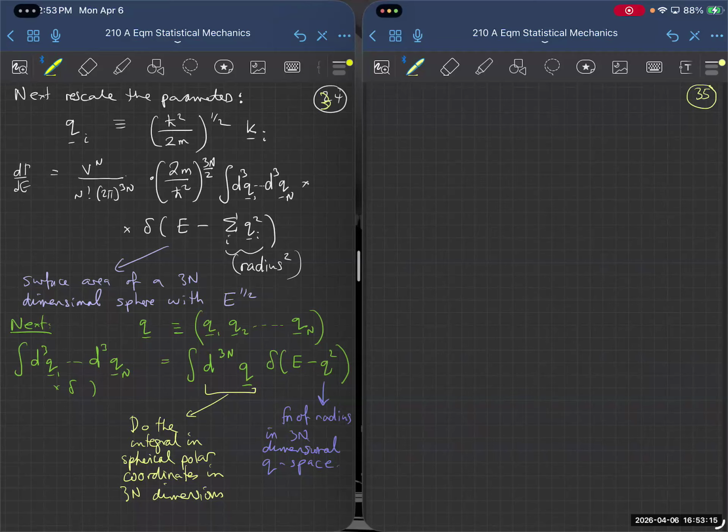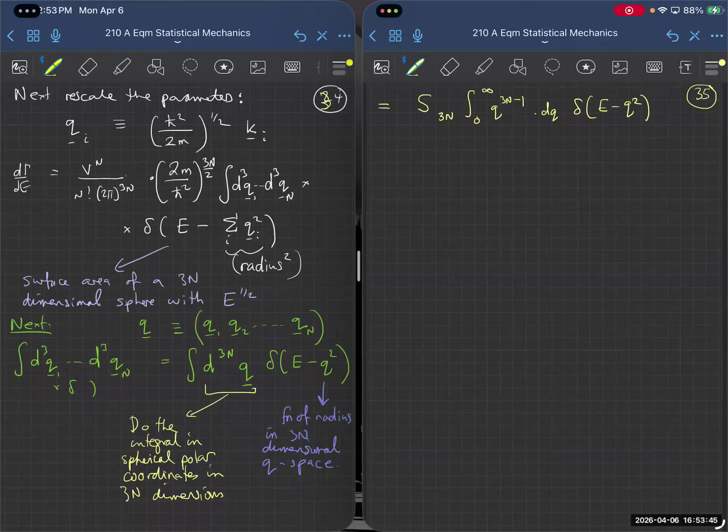So this integral is going to equal, if I do an integral in 3n dimensions, the surface area of a 3n dimensional unit sphere times the integral over the radial coordinate of q to the power 3n minus 1 dq delta of E minus Q squared.